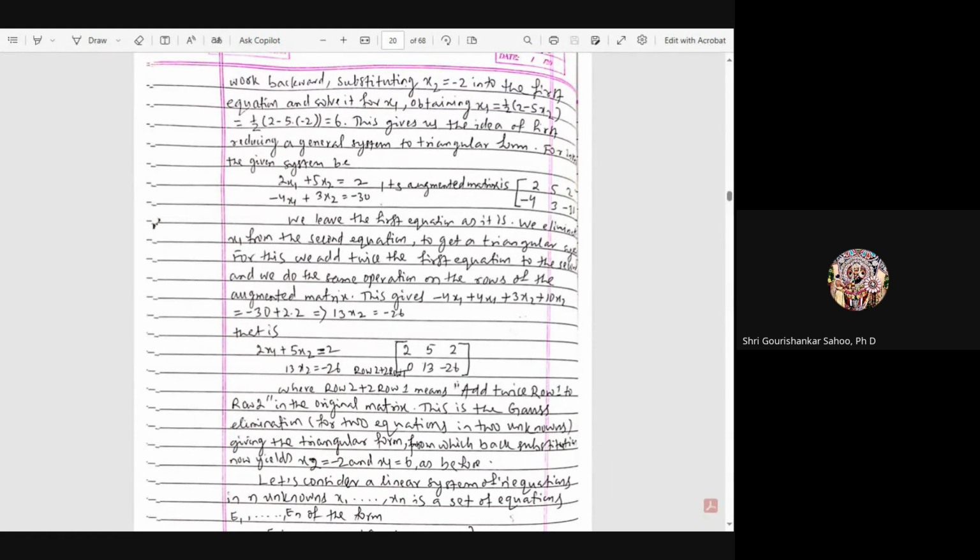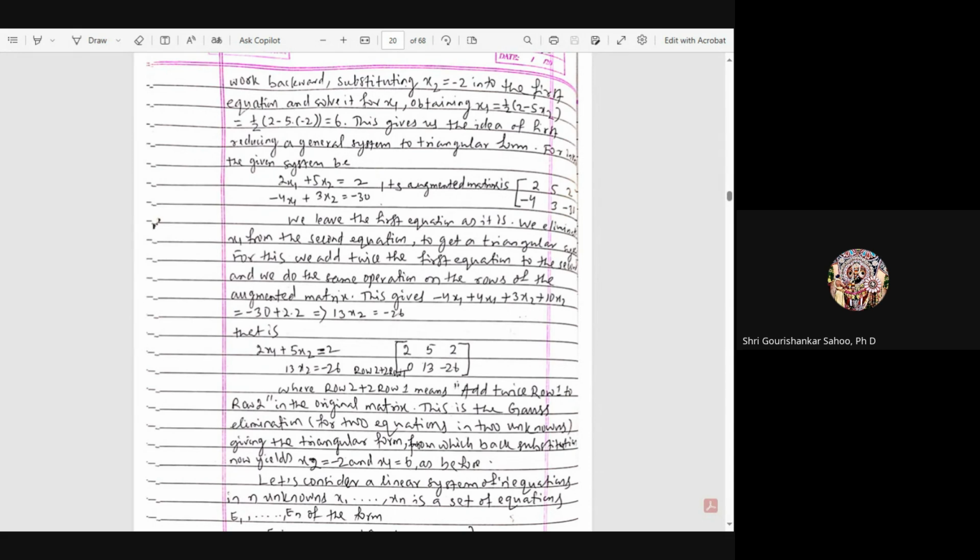We leave the first equation as it is and we have to eliminate some of the positions in the matrix and arrive at a simpler equation. So let us eliminate x1 from the second equation. To get a triangular system, for this we add twice the first equation to the second, and we do the same operation on the rows of the augmented matrix.